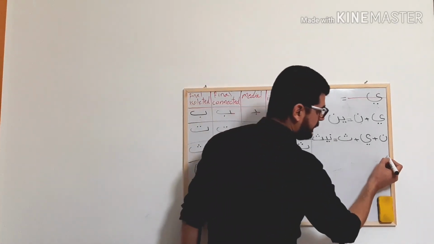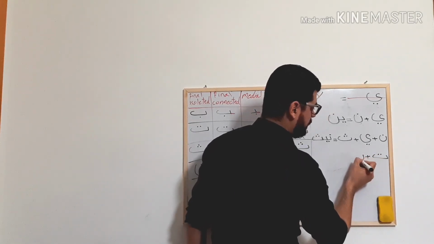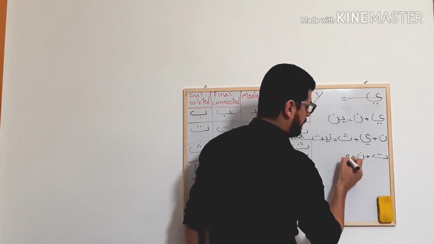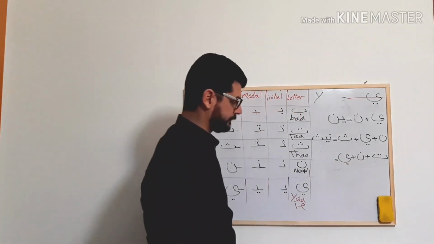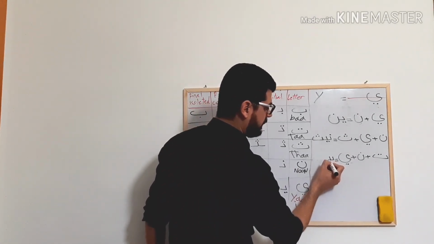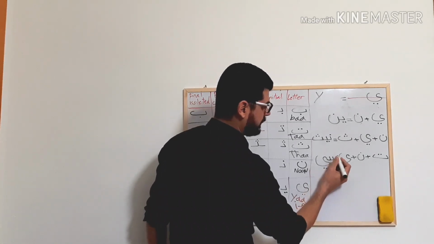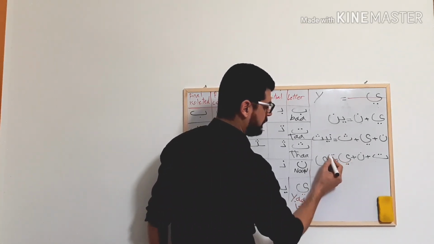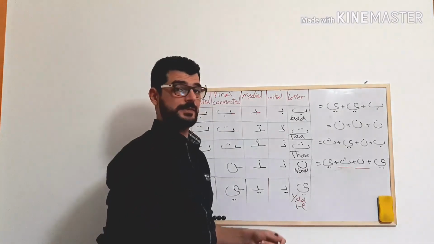If I have ta plus noon plus ya will give me ta in the beginning, noon in the middle, ya final connected. And that's it. Exercises. See you next lesson.